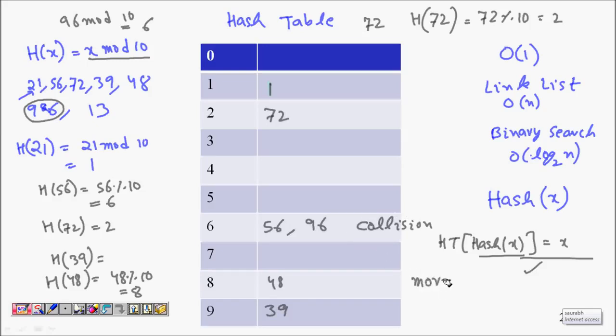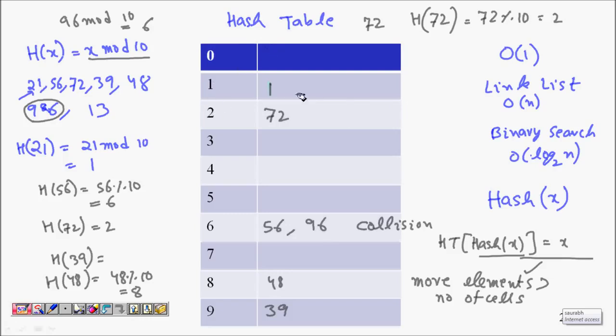If you have more elements than the number of cells, you will definitely have collisions. And even if you don't have that many elements, you can still have collisions. Can you think what will produce collisions here?